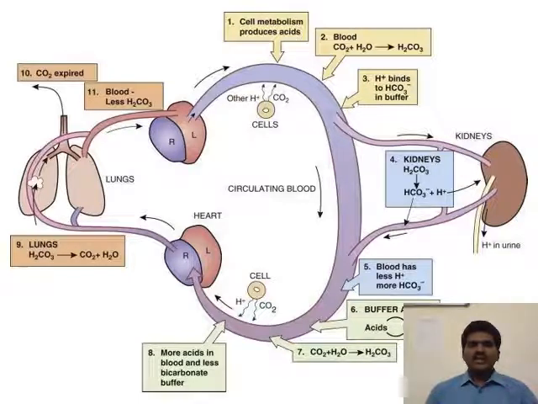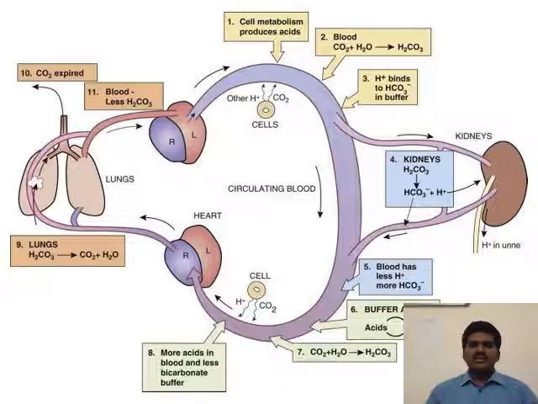It reaches the kidneys through the bloodstream. In the kidneys, again the carbonic acid is broken down into bicarbonate ions and H plus ions. The H plus ions are excreted. So the blood entering back into the general circulation from the kidneys has less acid than the blood which entered the kidneys. Again, there is buffering action.